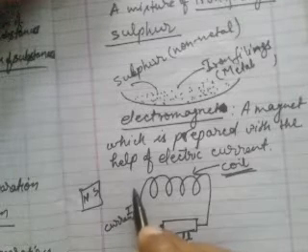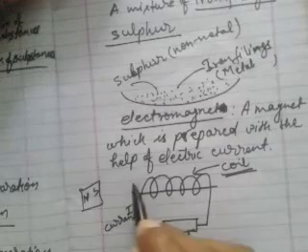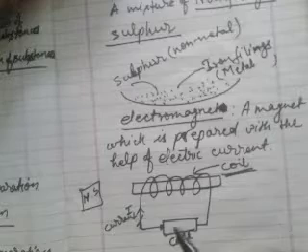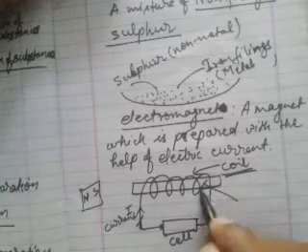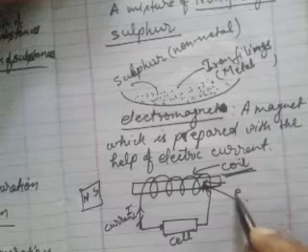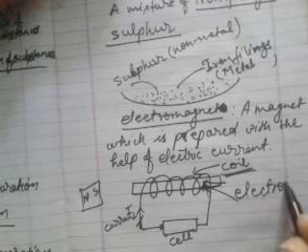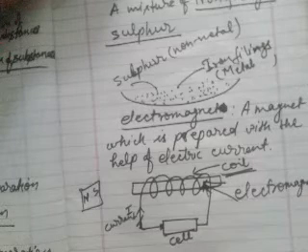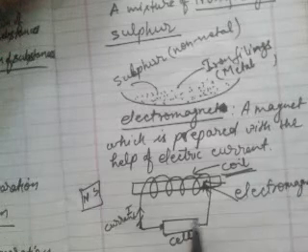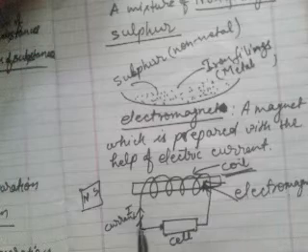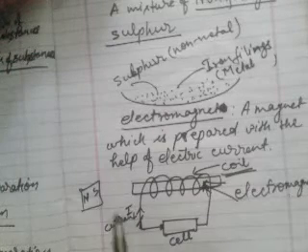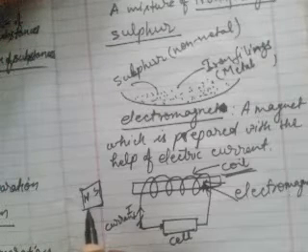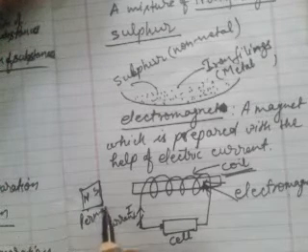That's why this magnet is formed with the help of electric current, and this type of magnet is called an electromagnet. And this other magnet is called a permanent magnet.